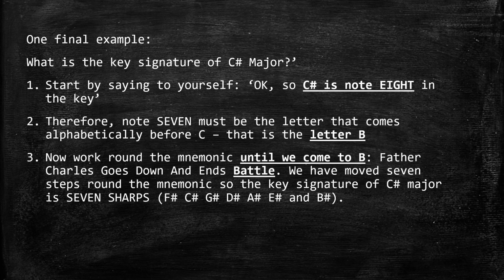We've moved 7 steps round the mnemonic, so the key signature of C sharp major is 7 sharps: F sharp, C sharp, G sharp, D sharp, A sharp, E sharp and B sharp.